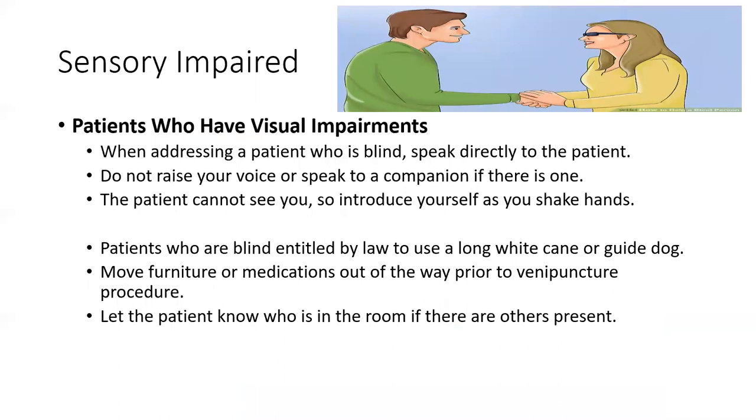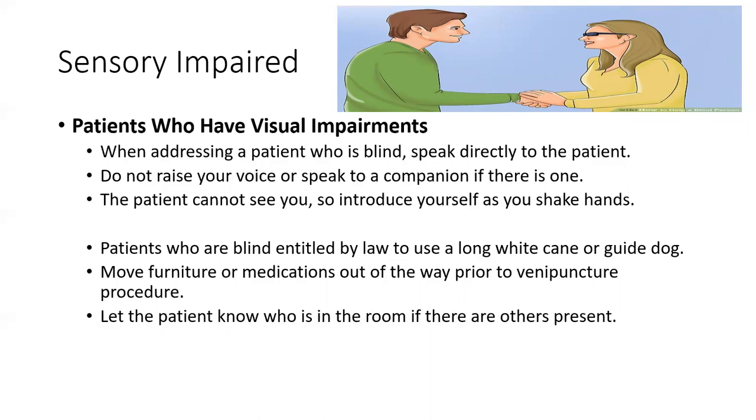When interacting with people who are visually impaired, speak directly to the patient. Do not raise your voice or speak to a companion if there is one. The patient cannot see you, so introduce yourself as you shake hands. Patients who are blind are entitled by law to use a long white cane or guide dog. Move furniture or medications out of the way prior to the venipuncture procedure.